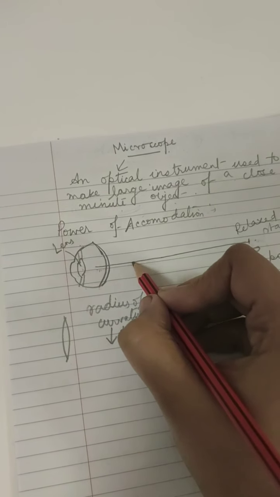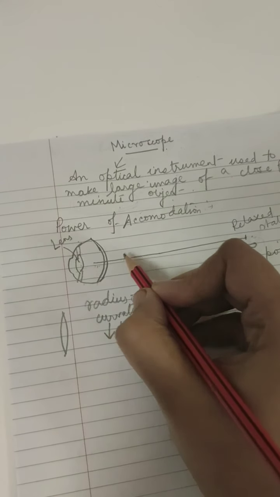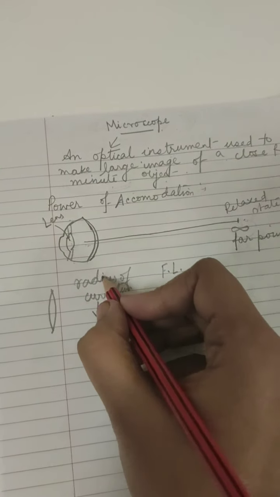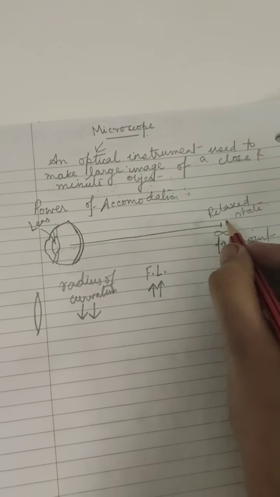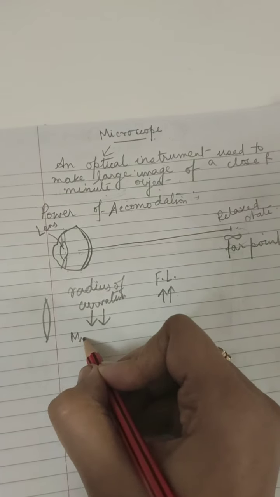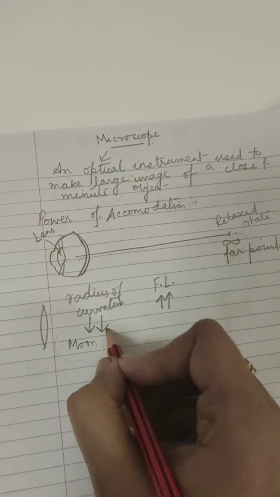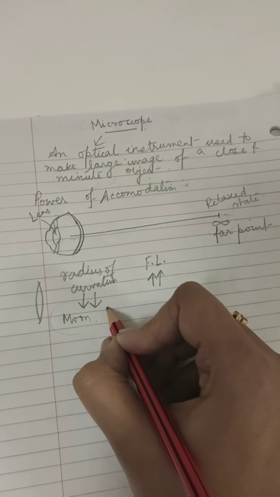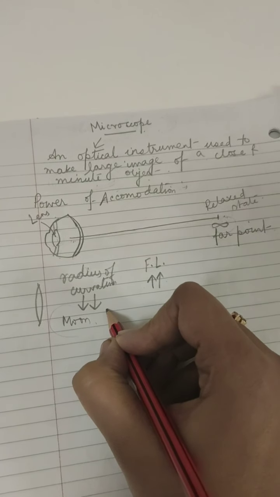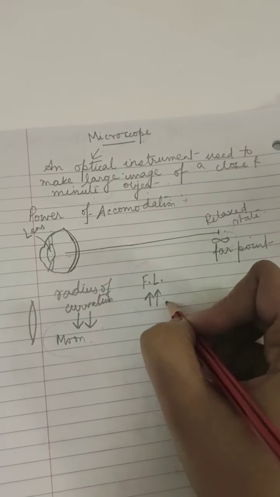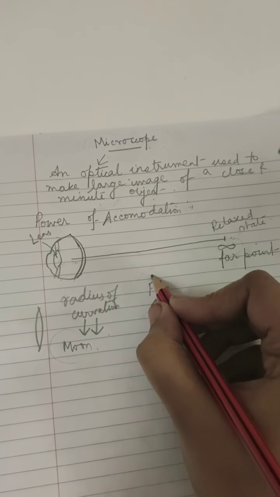For example, when you see the moon, your eye is in the relaxed state, and the focal length of the lens is maximum.